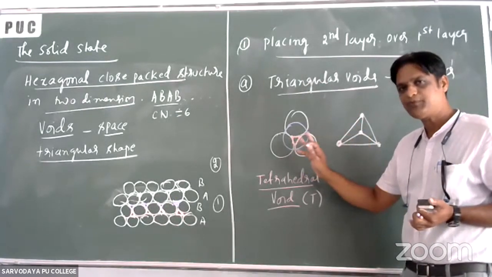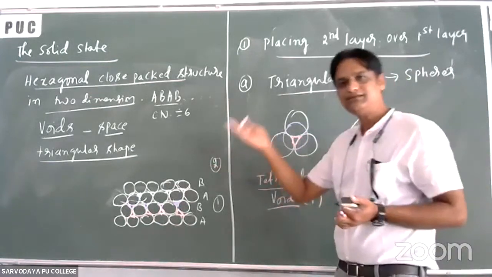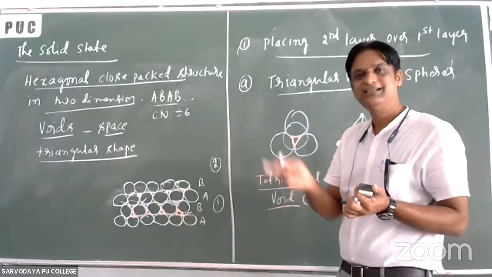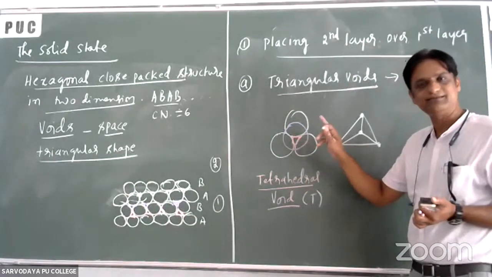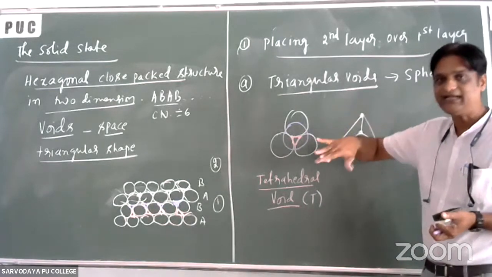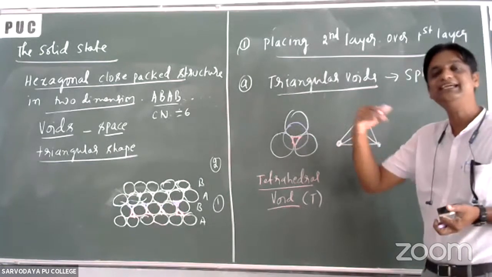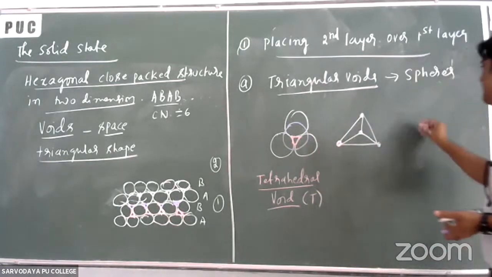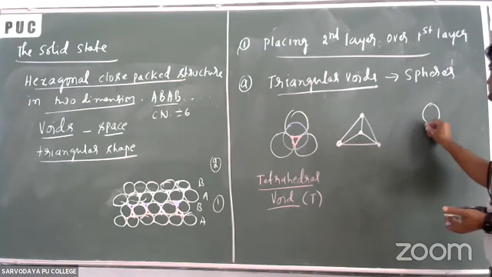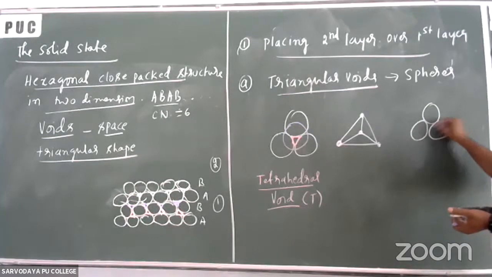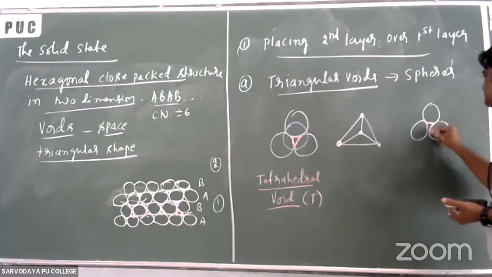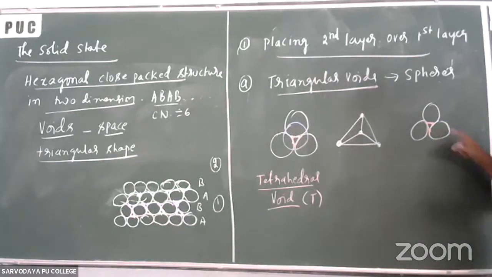Okay. So this is one possibility. Similarly, when the second layer is placed over the first layer, in some places, spheres will not occupy the triangular void, whereas the triangular void of the second layer overlaps the triangular void of the first layer. How can that be shown? Okay. So this is the triangular void which is generated. So this is first layer.